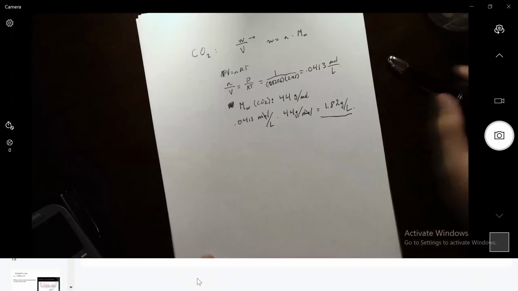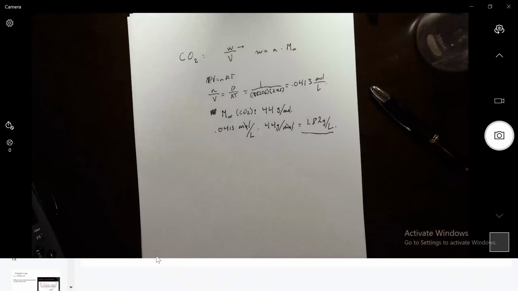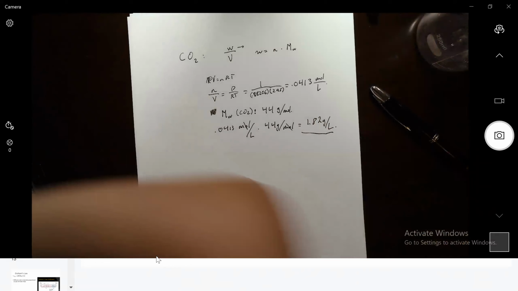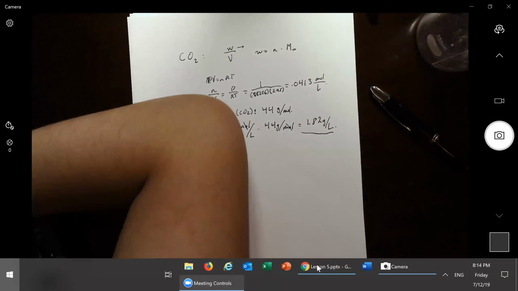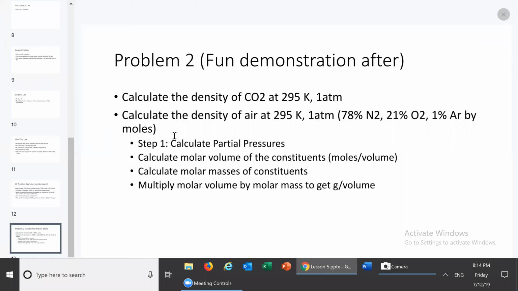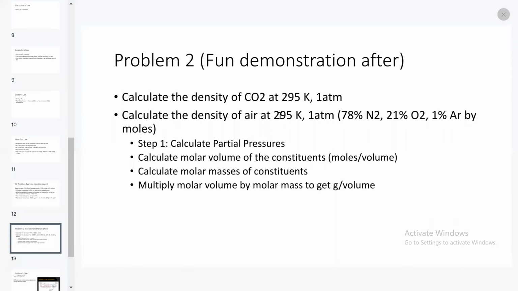Now I want you to do something a little bit harder. I want you to calculate the density of air. You can break this up into steps, which I've outlined for you. Calculate the density of air at 295 Kelvin and 1 atmosphere. By moles, air is 78% nitrogen, 21% oxygen, and 1% argon.